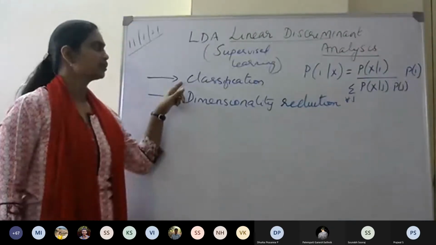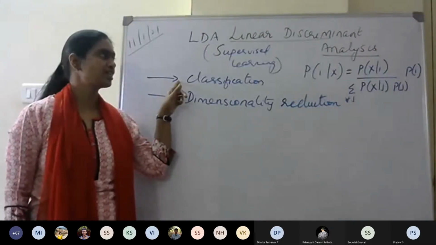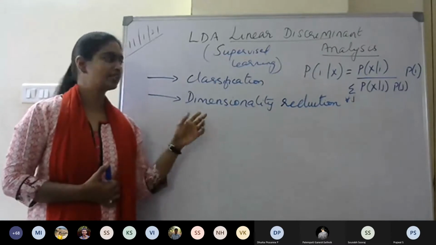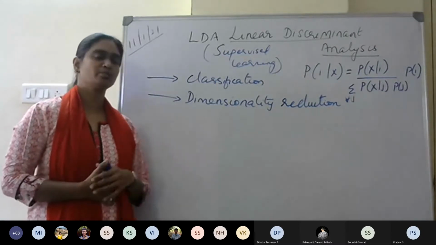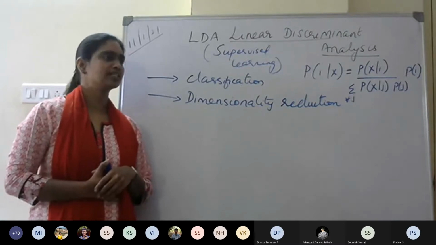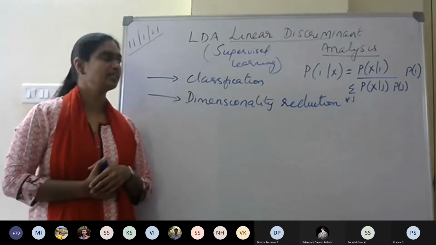So in our course, we are going to perform only classification based on LDA. And for dimensionality reduction, we are going to discuss one more algorithm, that is principal component analysis. That is an unsupervised learning technique.